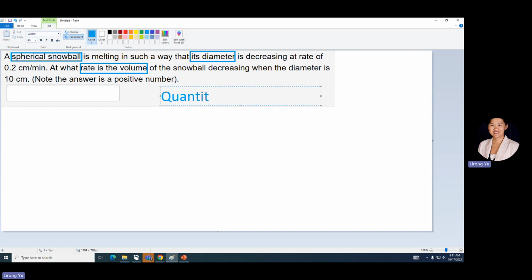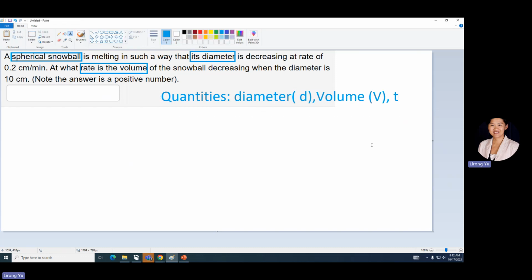We want to be clear about whatever quantities are in the question: the diameter, which we could call D, another one is volume, and there's the hidden variable, which is time. Then we get minutes for time and centimeters for the diameter.